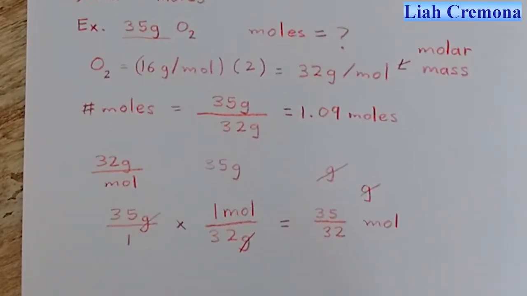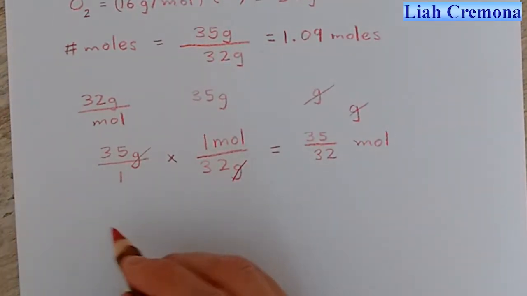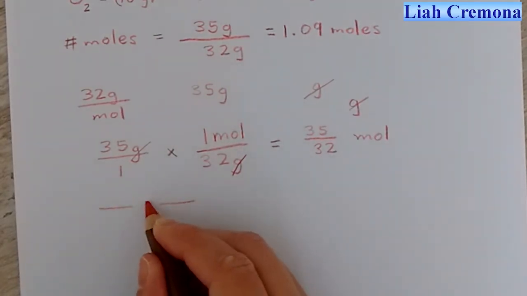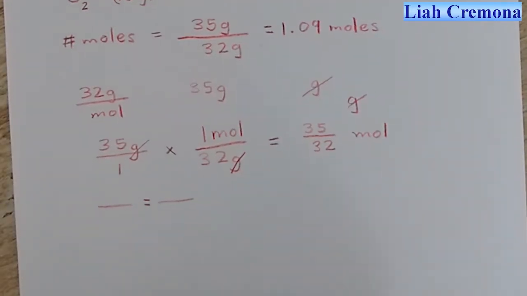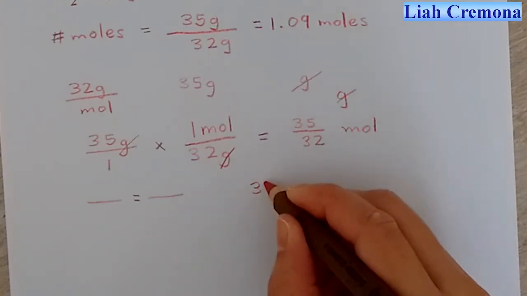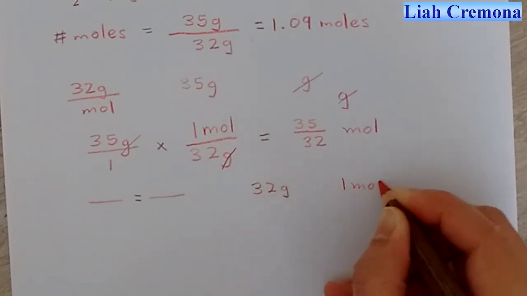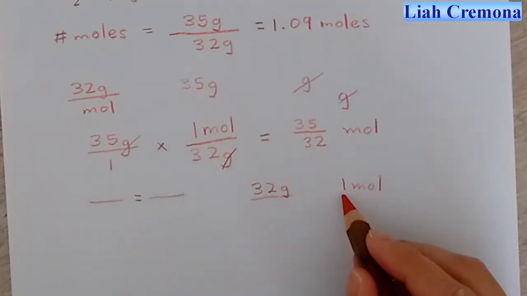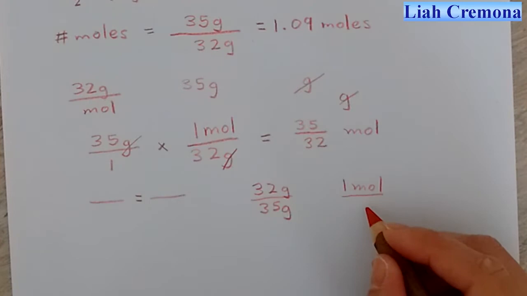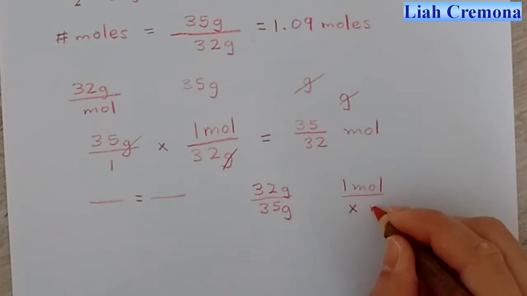We can also find this answer by using proportions. So in this case, we need two fractions separated by an equal sign. What we can say is that 32 grams is in 1 mole, and 35 grams is in an unknown number of moles, so we can call the unknown number of moles x.